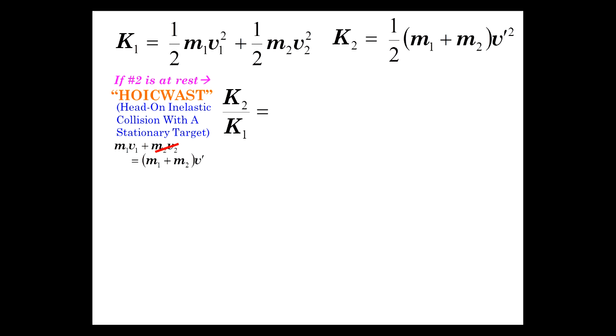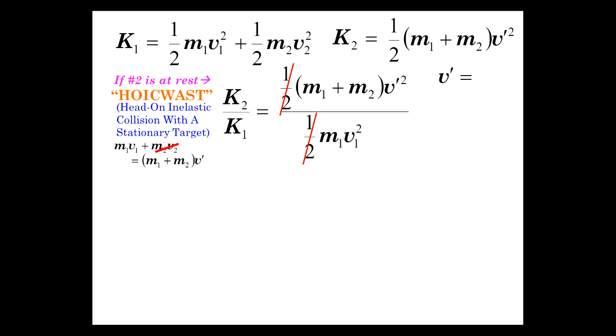Now let's look at the ratios of kinetic energies. We can get a quantitative handle on the way in which they're related to each other. So after, 1/2 (m1 plus m2) v prime squared, and before, it's just this term because the second term is gone. Well, halves go away.